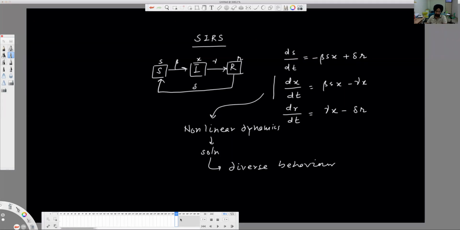Okay, so now the important point. We need to look at the network description of the epidemic model. So let's say I start with the SI model.